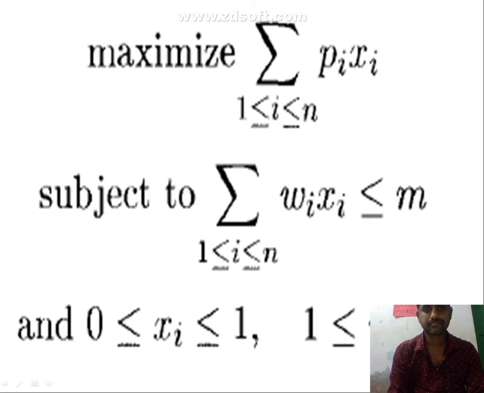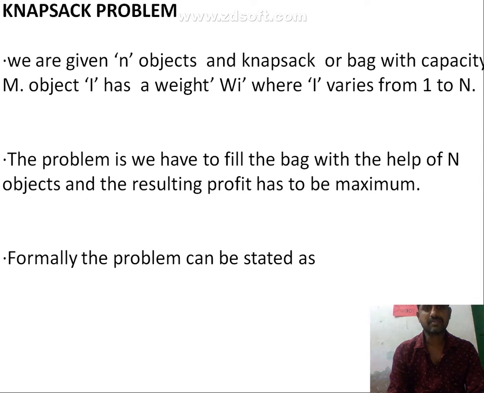So the knapsack problem has n objects and a knapsack or bag with capacity m, and object i has a weight; the main aim is to fill the bag with the help of n objects so that the resulting profit is maximum.